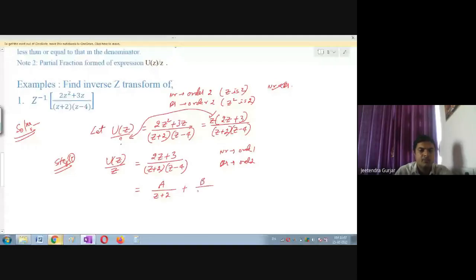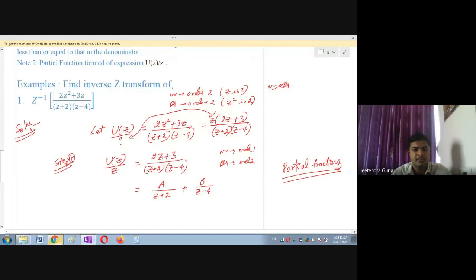I think everyone knows how to do partial fraction. Yes, Manish is there. Yes, sir. Please tell me what is the value of A and B. Yes, Kirti is there. Please solve A and B and tell me, you have studied partial fractions already. Not so difficult, students. A and B you can find out very easily. Kampanna, please solve this.